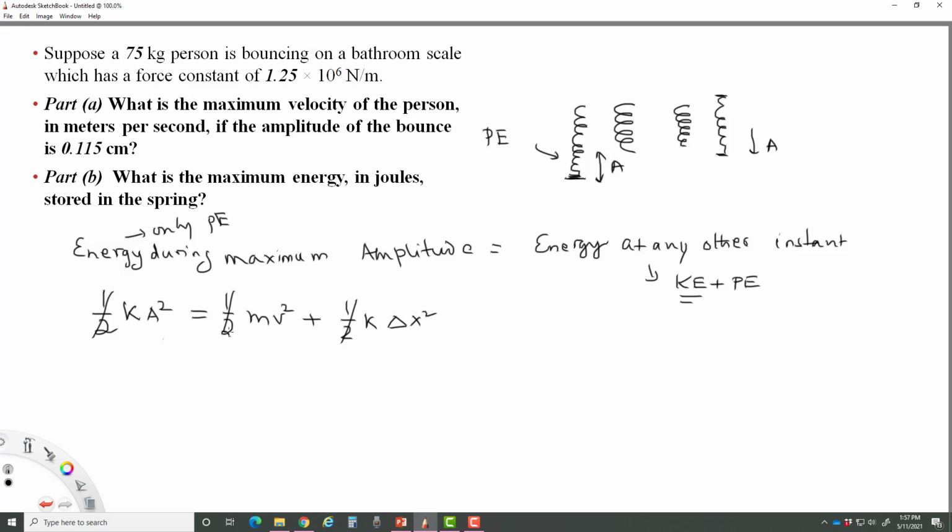So we want to find V, so let's write this equation in terms of V. So we have k A squared here, take this to the left, so that would be k delta x squared, that is equal to mv squared. So k and k common, you can take outside the parentheses, so k times A squared minus delta x squared is equal to mv squared.